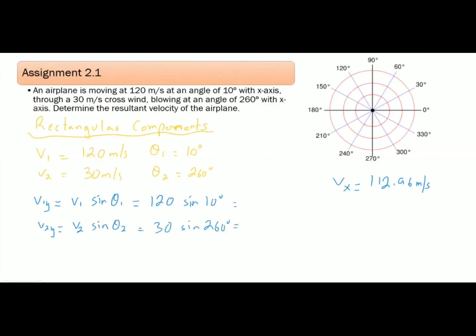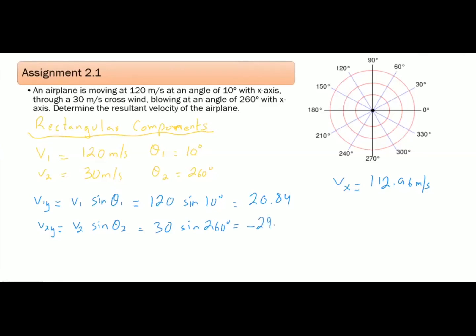Now let us calculate. 120 sine of 10 is equal to 20.84, while 30 sine of 260 is equal to minus 29.54.